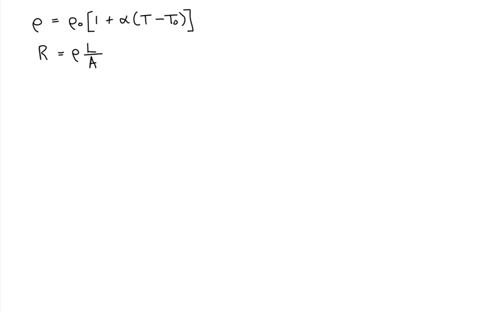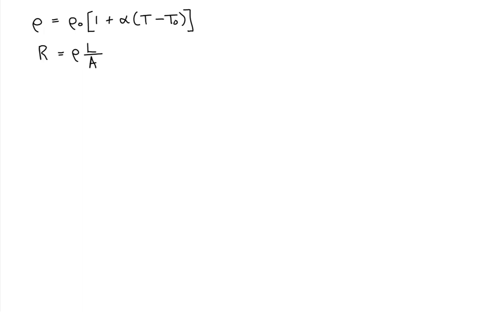If we find that a resistor has a certain resistance, then we know that it's operating at a particular temperature. So in this problem, we have a platinum resistance thermometer, and we're going to use it to measure the temperature of a furnace, by knowing its resistance at 20 degrees Celsius and its resistance when it's in the furnace.